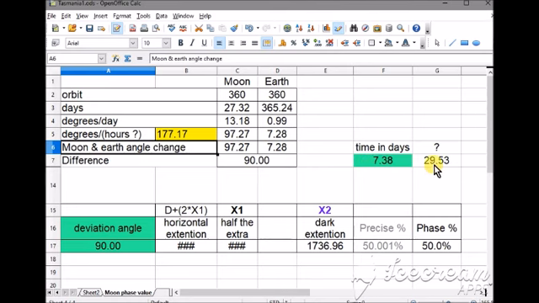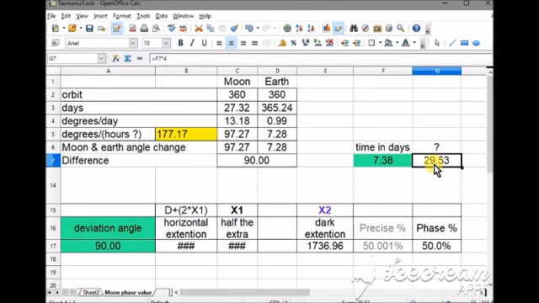Now what's this number? Let's see the equation. If 7 multiplied by 4, because this is 90 degrees, if we multiply by 4, that's 360 degrees. That's the whole rotation of phases, not rotation of the moon, right? So after 7.38 days, we get 50% of the moon.